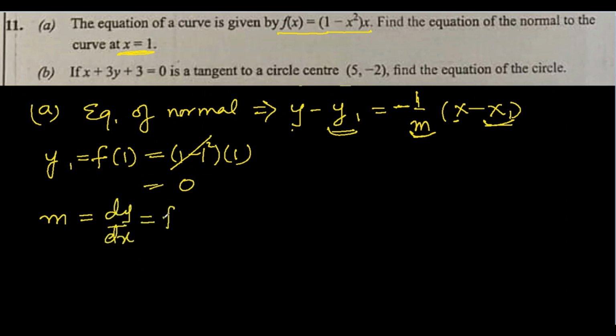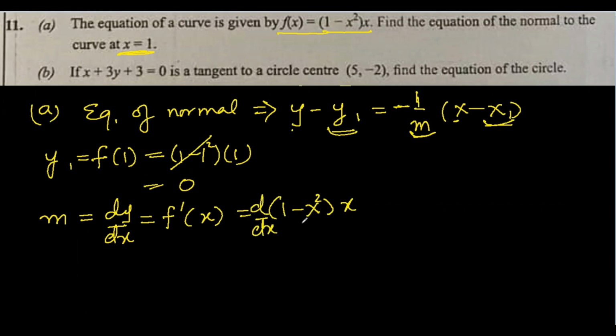So which is f prime x. So 1 minus x squared, times x. We will find the differentiation of this. We can expand this bracket, or we can use the product rule.